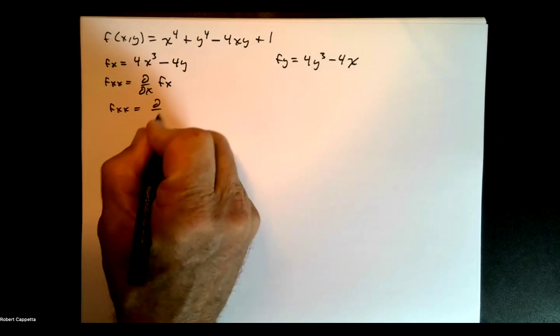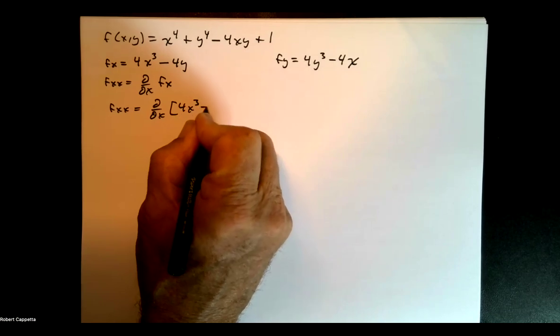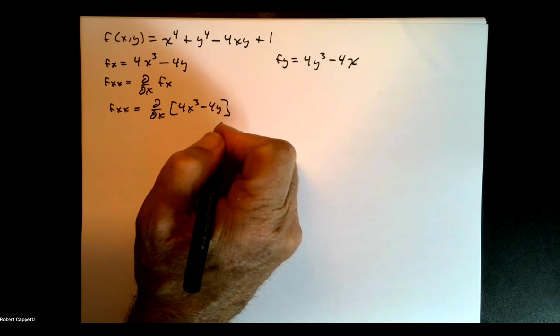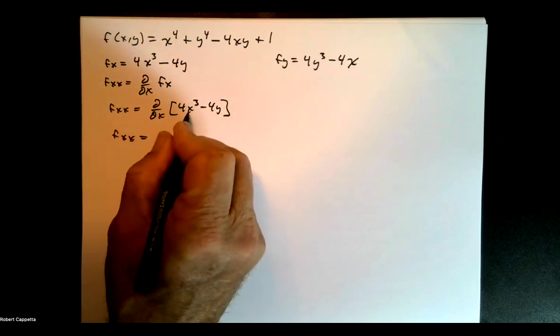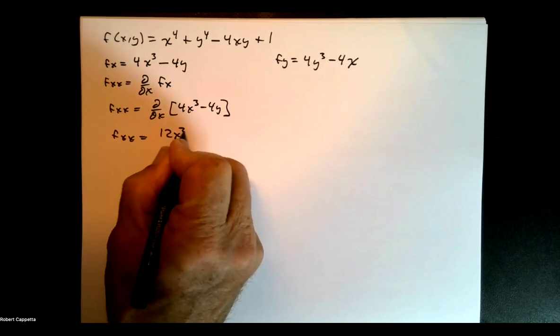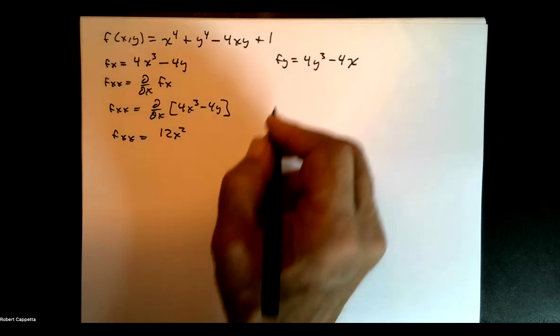So f sub xx is the partial with respect to x of 4x cubed minus 4y. So what will that give me? The partial of 4x cubed will be 12x squared. The partial with respect to x of 4y is just 0. So we get that one for f sub xx.